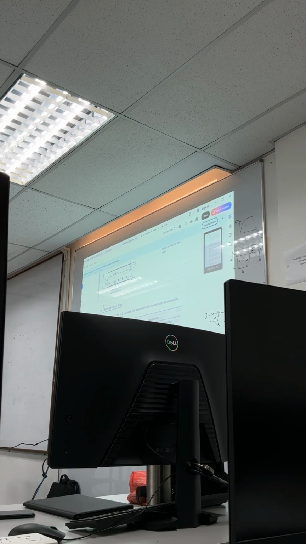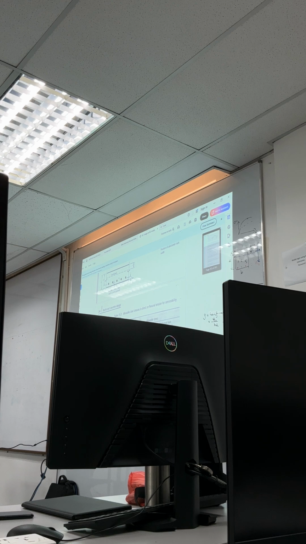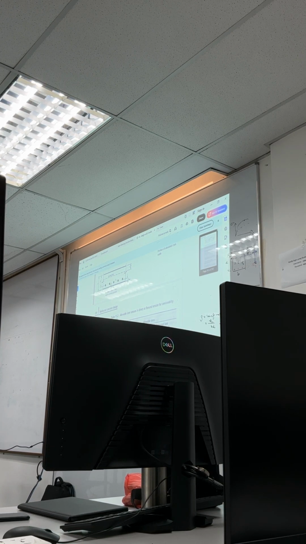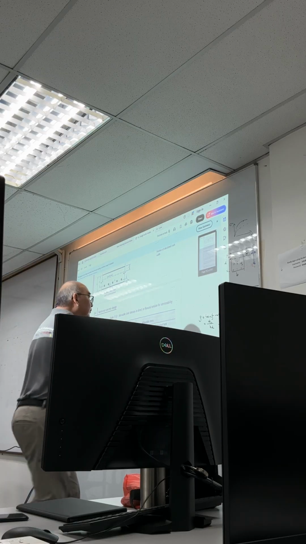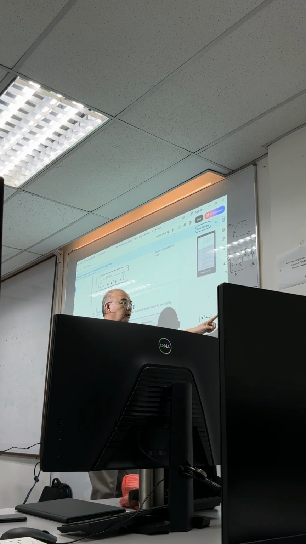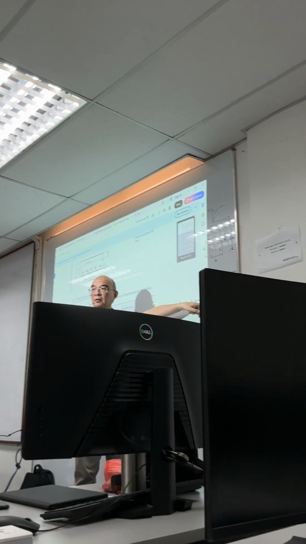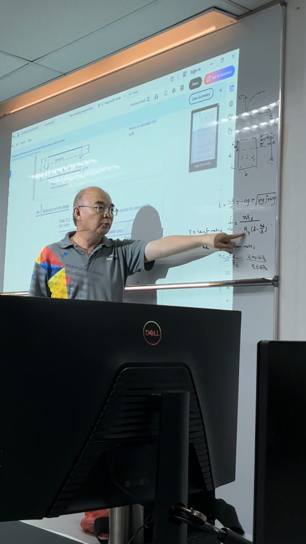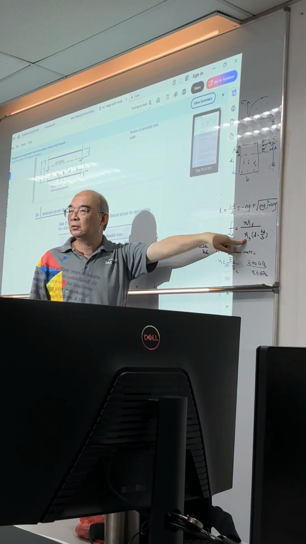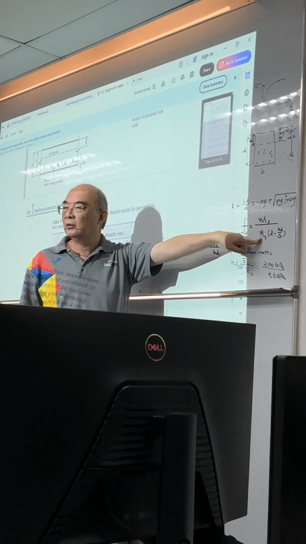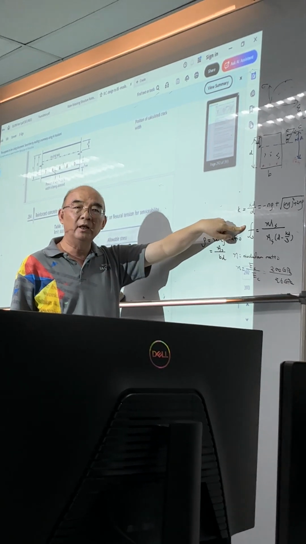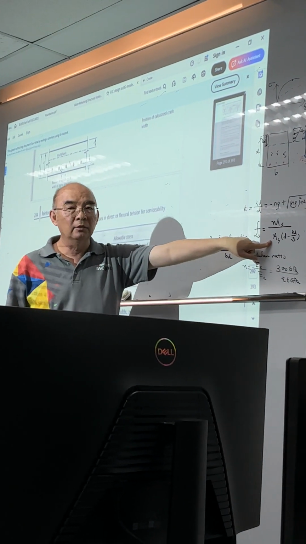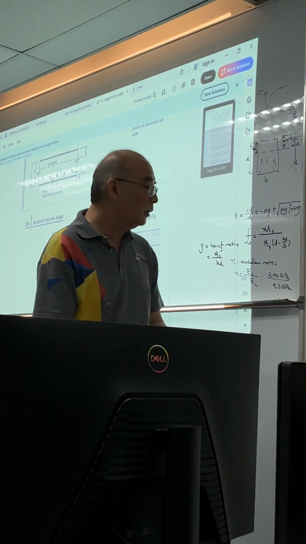We have to increase the rebar area to reduce the stress, because this stress is too high. To reduce the value, we increase the denominator, so we increase the As.